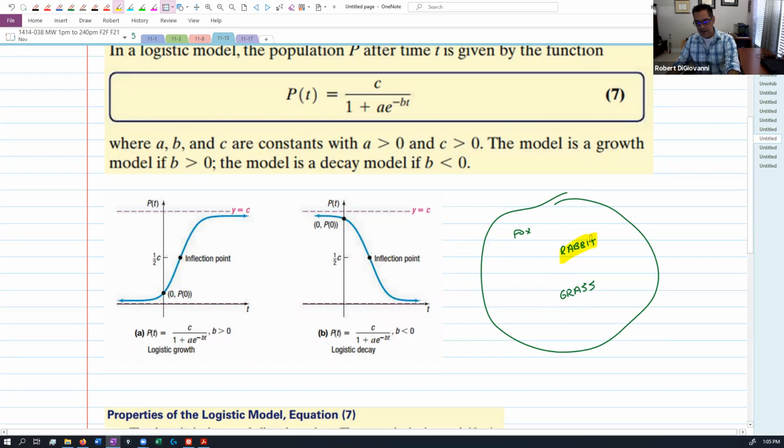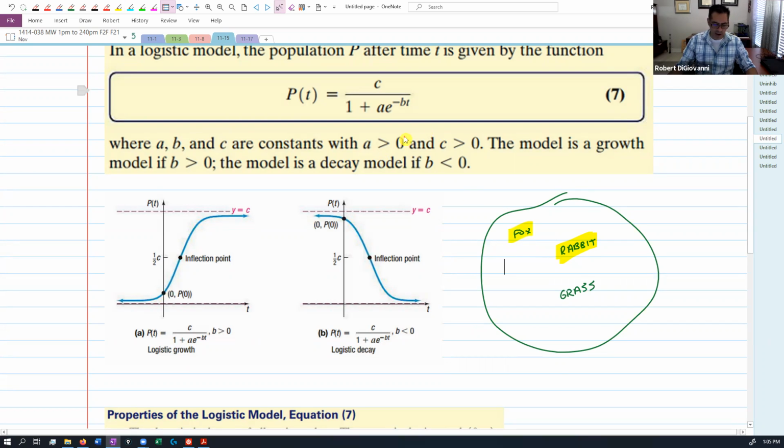The rabbits can't just keep on growing and growing, right? If they grow too much, then they run out of food. So there's a peak to how big that population can get. Also, the bigger the population of the rabbits, the more food for the foxes, right? So the foxes eat the rabbits. The same thing goes for the foxes. If their population gets too big, they'll run out of food. So these logistic models are perfect for situations like this.